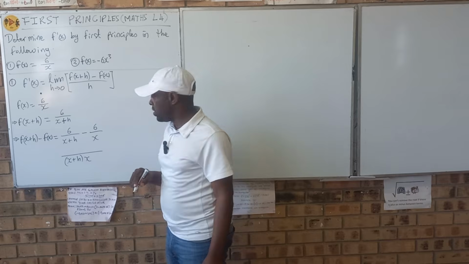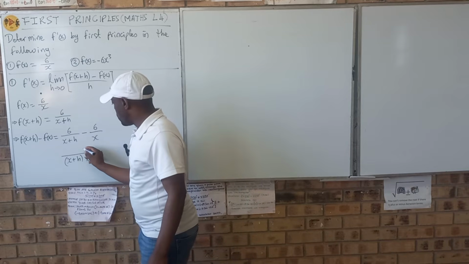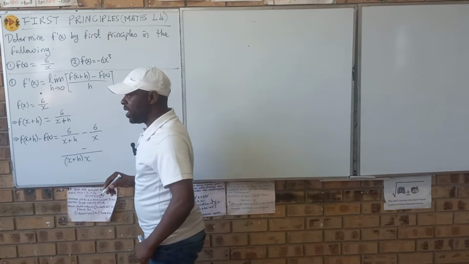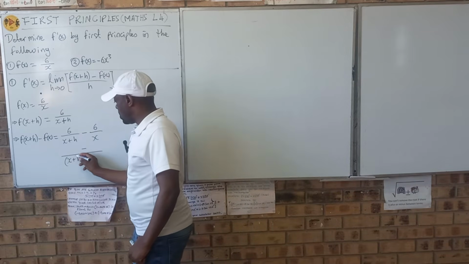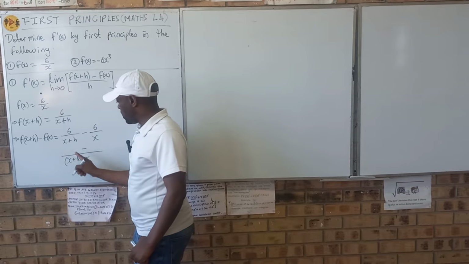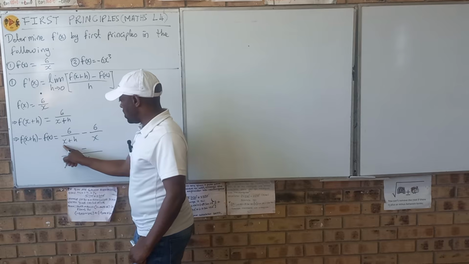So that's my LCD. So when I go to the numerator, the first thing I will do is to bring down the subtraction sign. So how do we now apply the LCD? So the idea is that you take the LCD, you divide by the first denominator. You see the first denominator corresponds to this, x plus h. So if I use my LCD and divide here, x plus h will cancel itself.